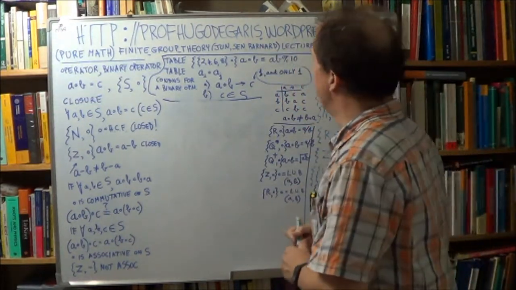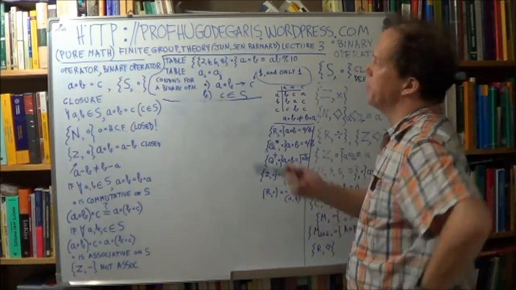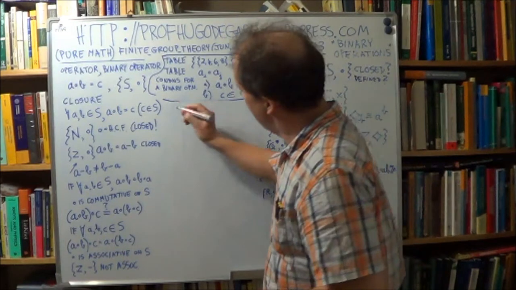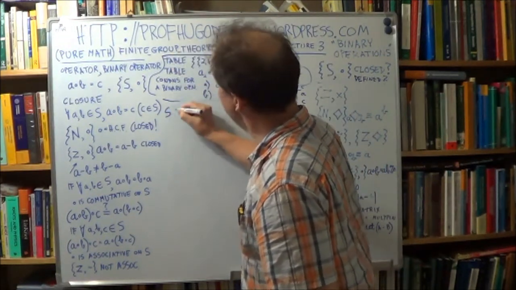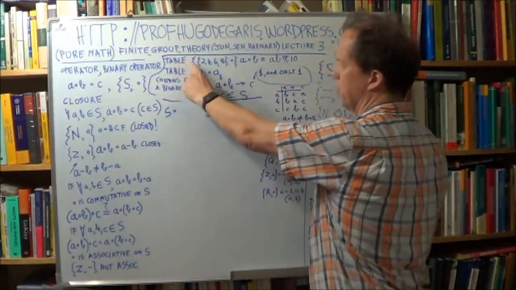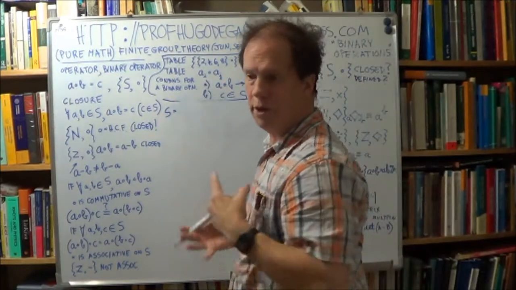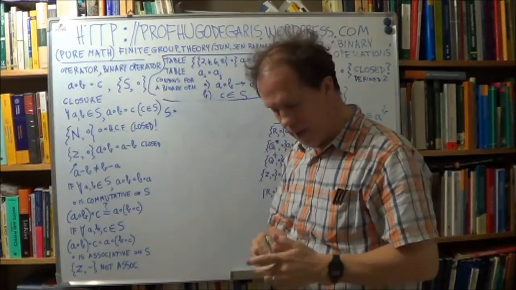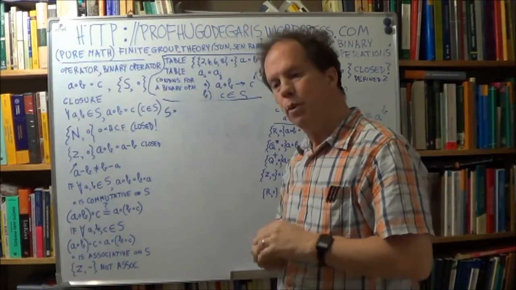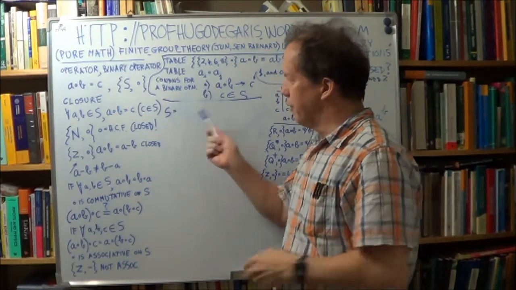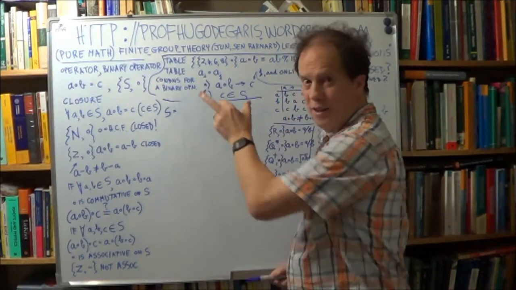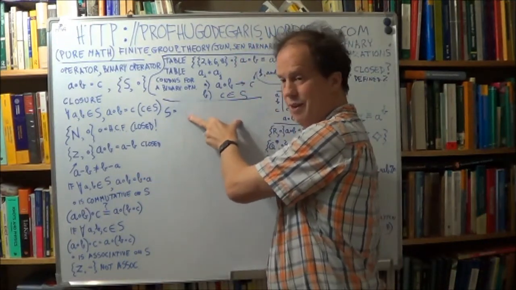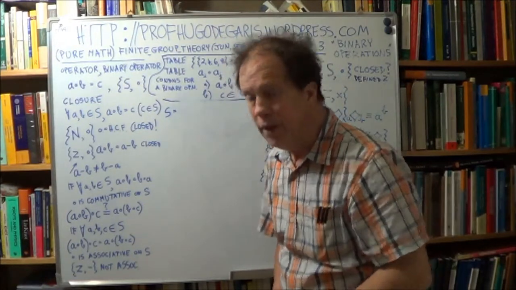You need to have two things. You need to have your set S that you're starting with, and we're going to construct a binary operation table. Now, in two lectures' time, I'm jumping ahead a little bit, but the actual table that I'll construct right now is in fact a group.